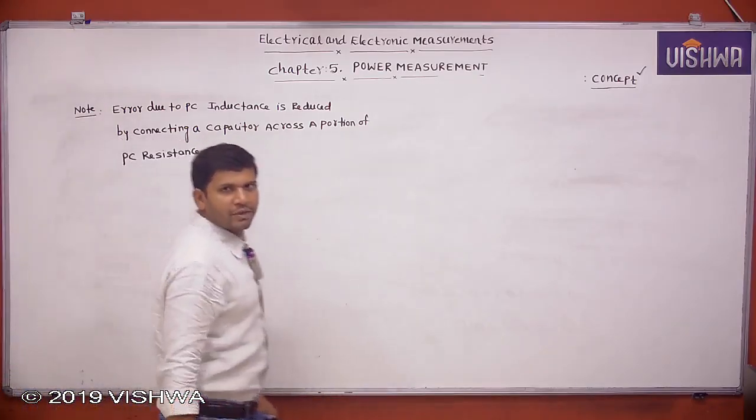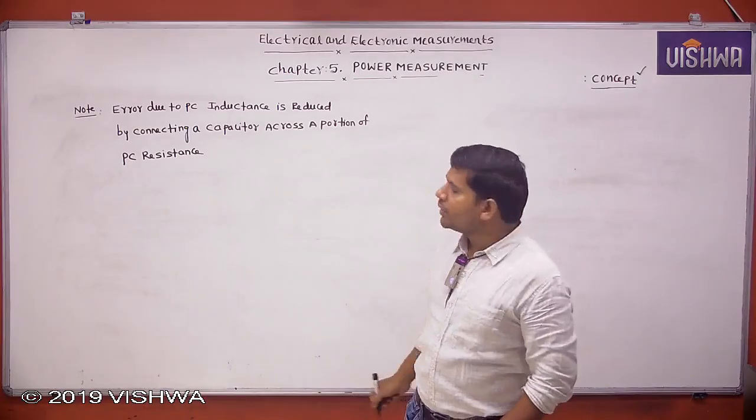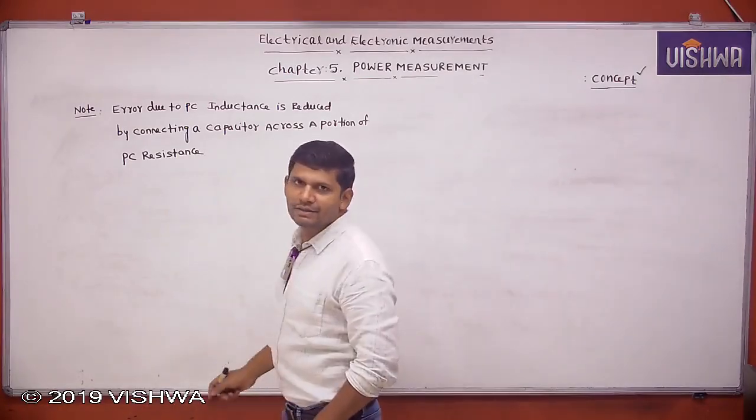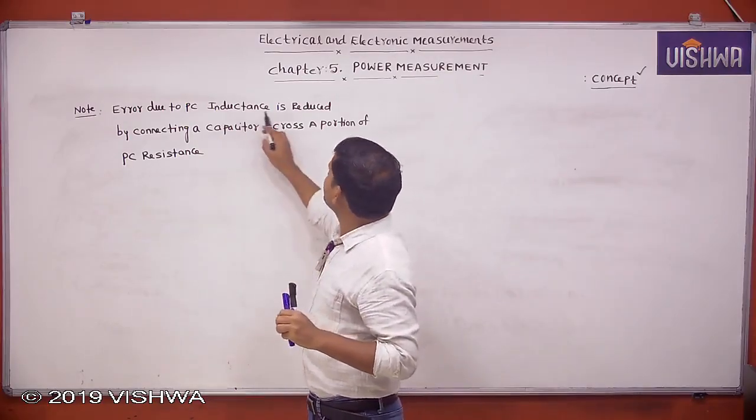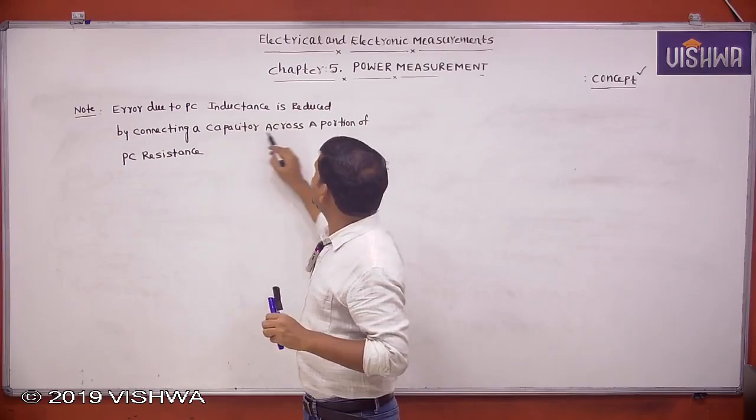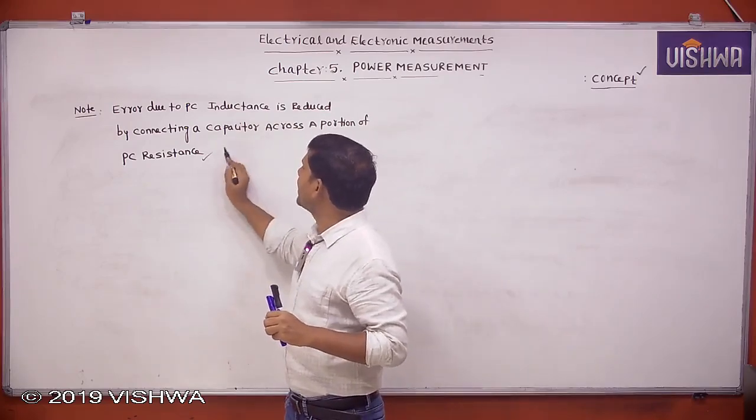Okay, this is the method you can apply to reduce the error due to pressure coil inductance. We are getting some error due to pressure coil inductance. The error due to pressure coil inductance is reduced by connecting a capacitor across a portion of pressure coil resistance.